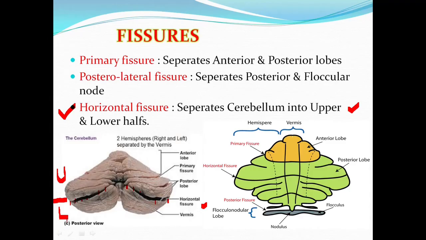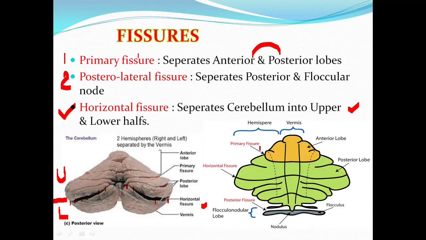Then we have two more fissures, called the primary fissure and the posterolateral fissure. Those two fissures differentiate the cerebellum into lobes, which we name the anterior lobe, the posterior lobe, and the flocculonodular lobe. The anterior lobe and the posterior lobe are separated by the primary fissure.